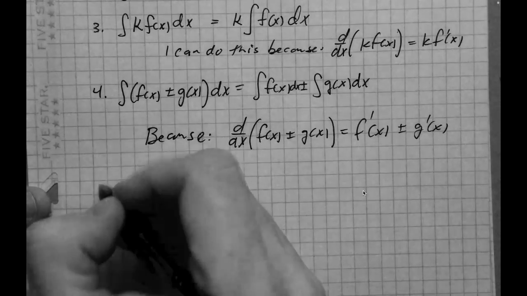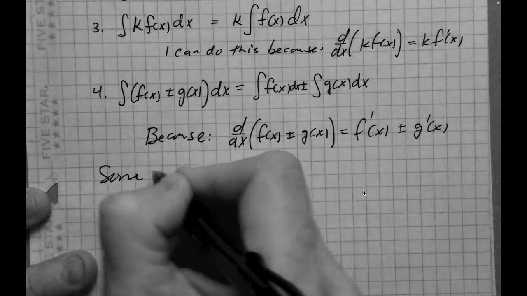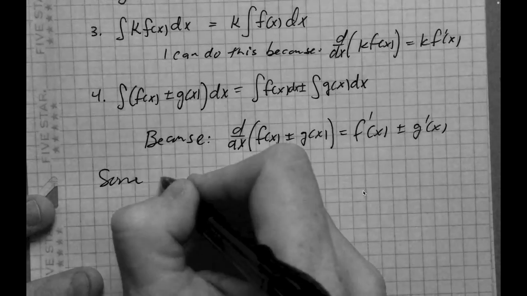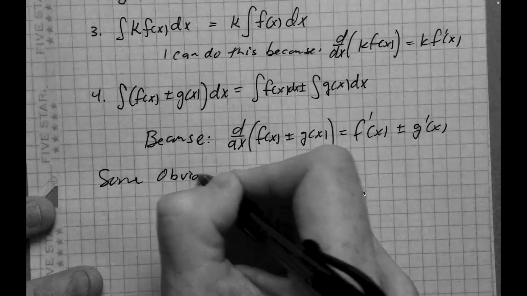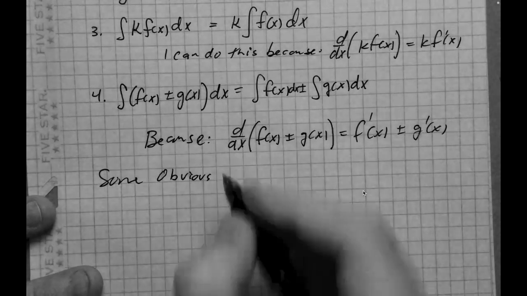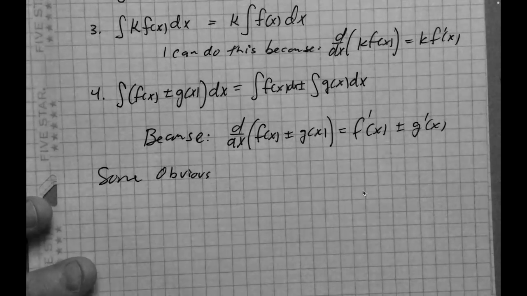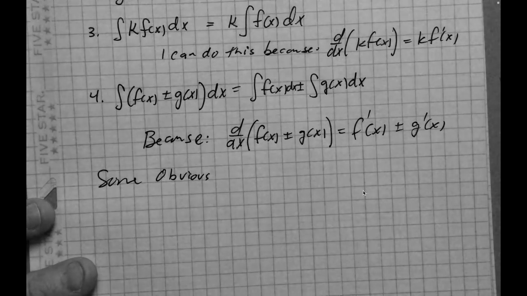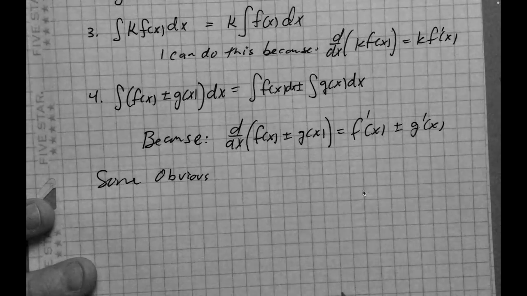Now let's look at some integration formulas. I'll say obvious, but some of these aren't actually obvious. They're obvious in the sense that they come directly from the differentiation rules that we know.